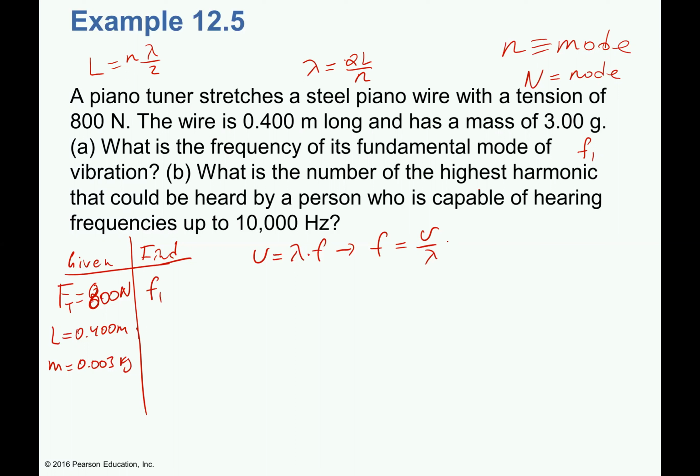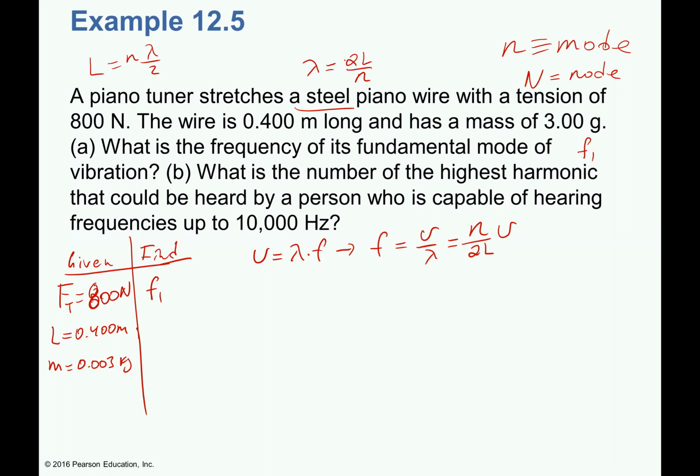That means I'm going to replace that. Frequency equals 1 over lambda, which gives me n over 2L, times the speed. But this is a stretched steel piano wire, so technically it's a string.